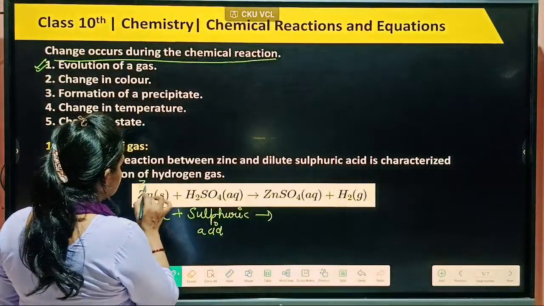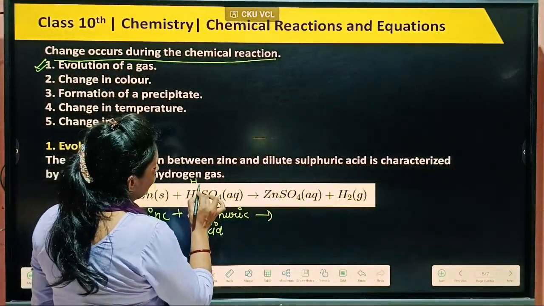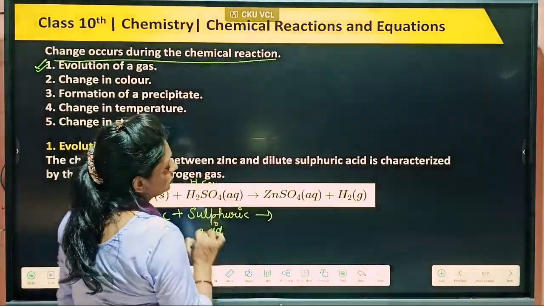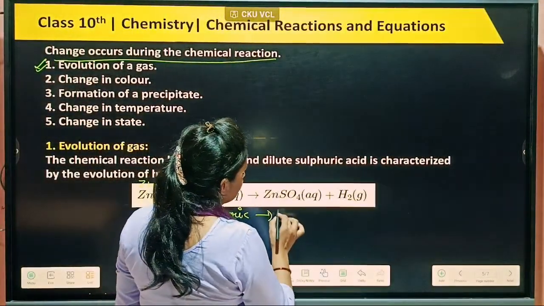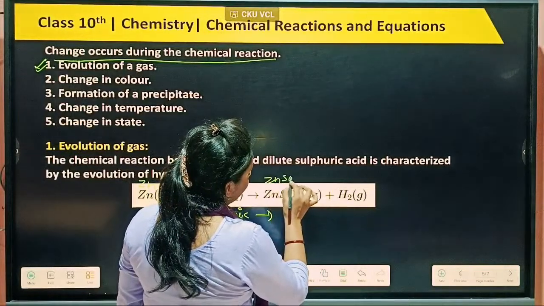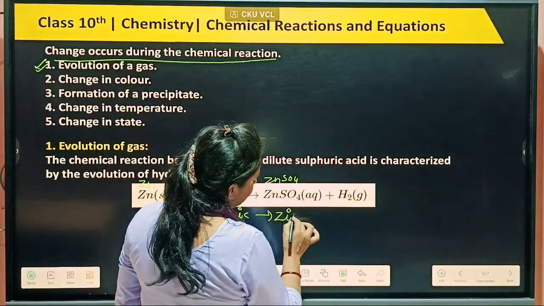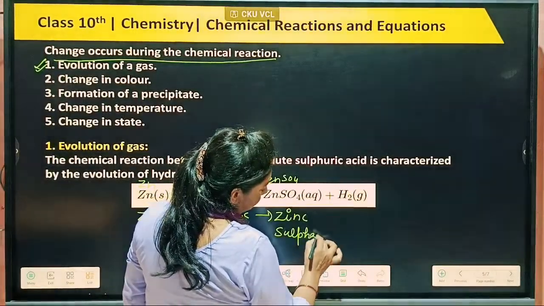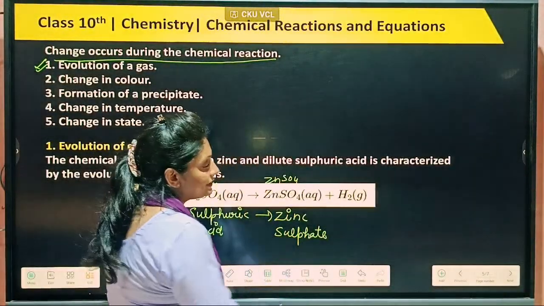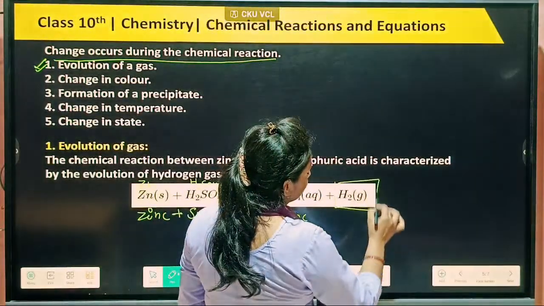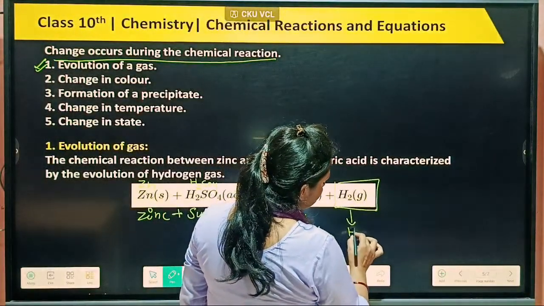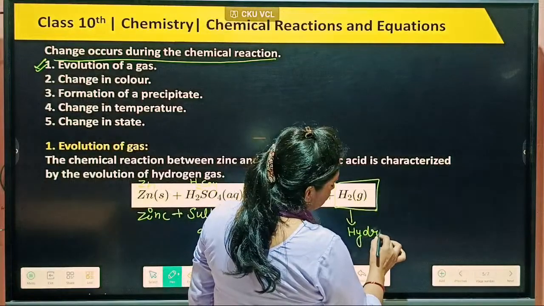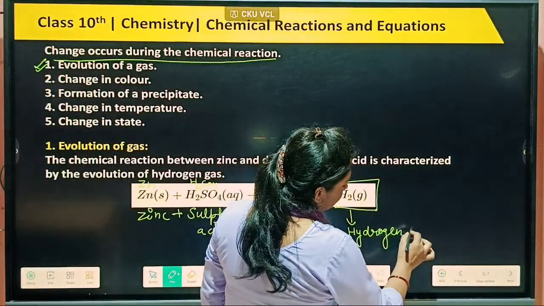Here this is zinc, Zn, sulfuric acid, H2SO4. ZnSO4 is zinc sulfate. Plus H2. H2 is hydrogen gas.